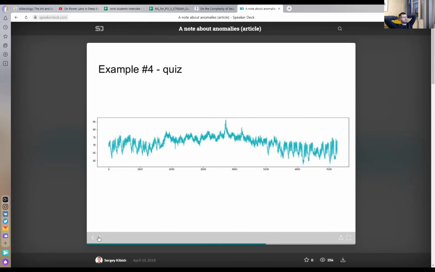Another try. Where do you think the anomalies are? So it's close to this peak here.